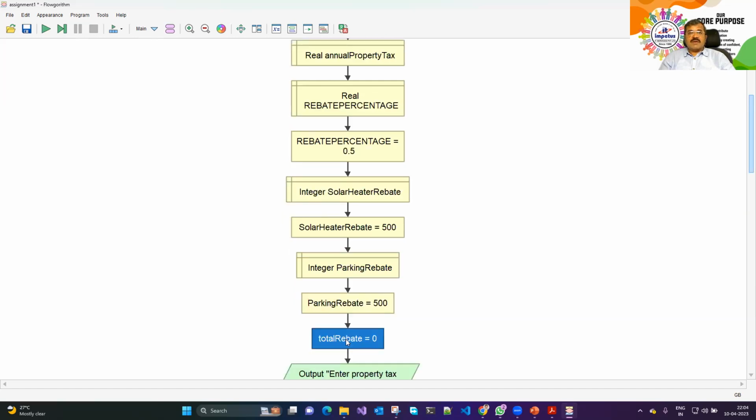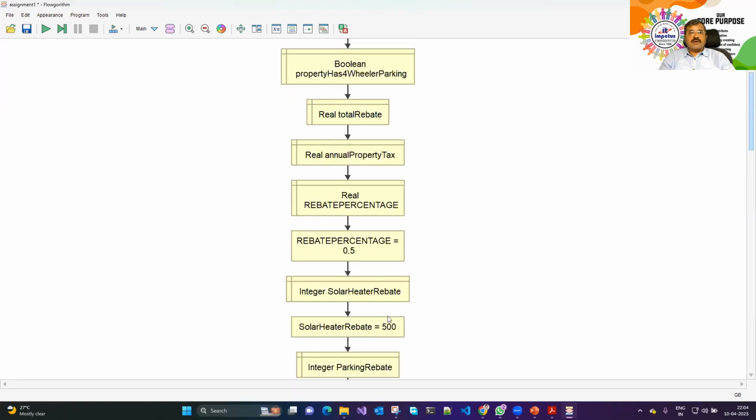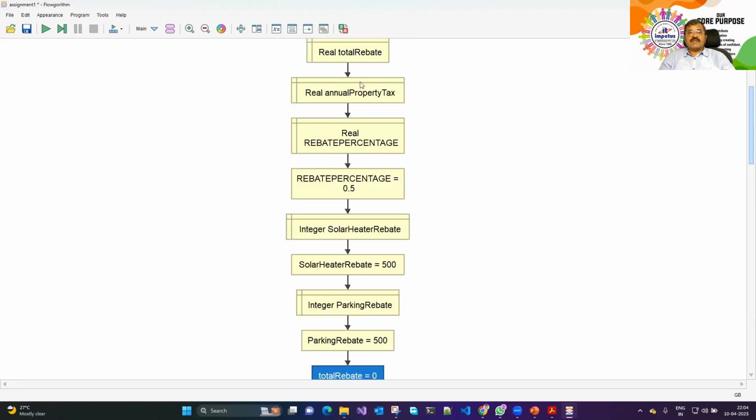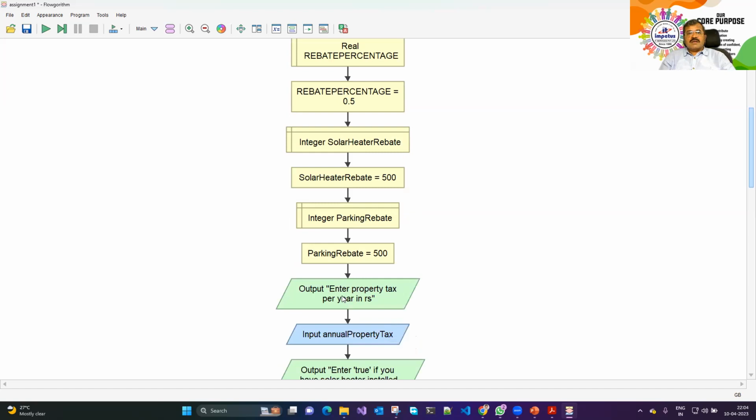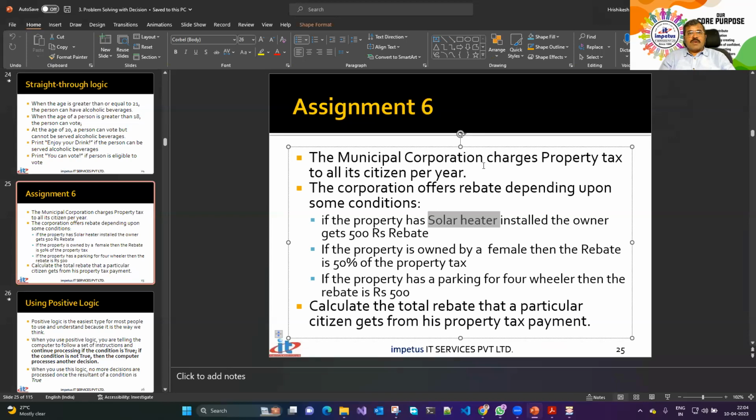Then you have a variable called total rebate. You have declared this variable as total rebate, and I wonder why it has been initialized to a value of 0. Next, "Enter the property tax per year in rupees." What does the question say?